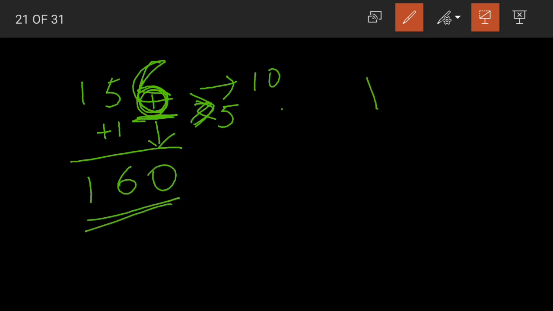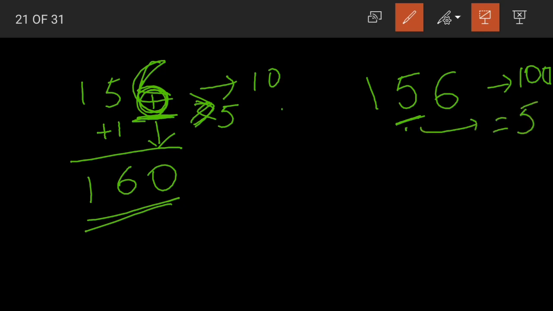Right? In the same way, if we consider the same example, rounding off to the hundreds, what should we do? We should look at the digit in the tens place. It is equal to 5. So again we round up. Now where should we add the 1?